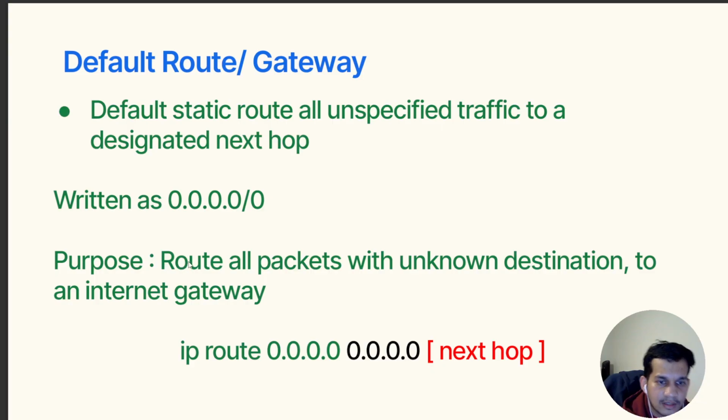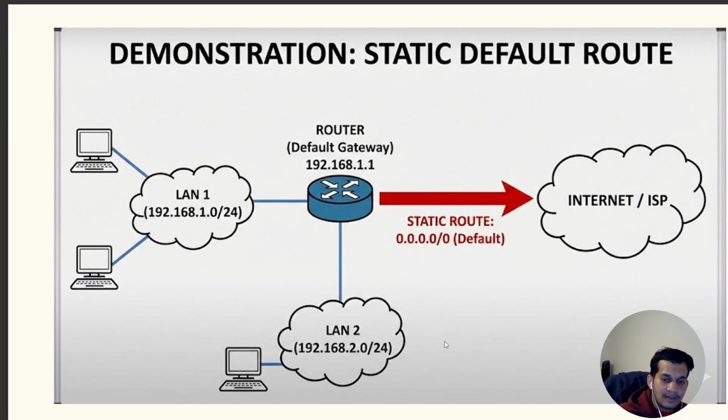So the purpose is to route all the packets with unknown destination to an internet gateway. So basically if the router gets any IP apart from its network, it is instructed to just send it to this network, or to the internet, and then it will reach the network.